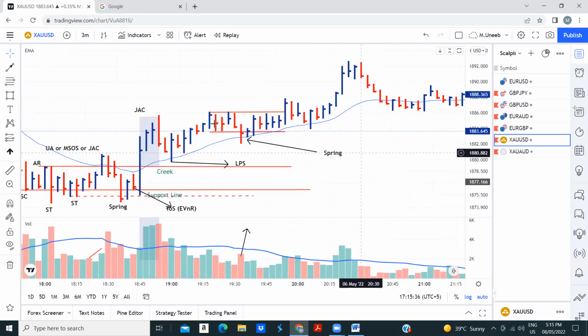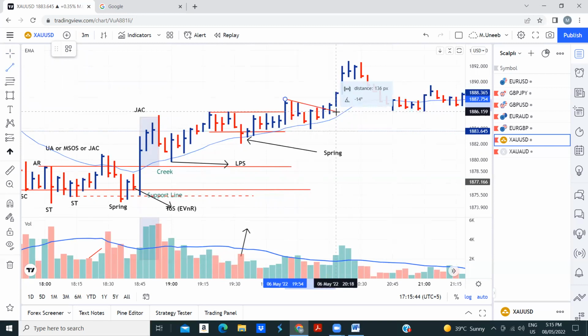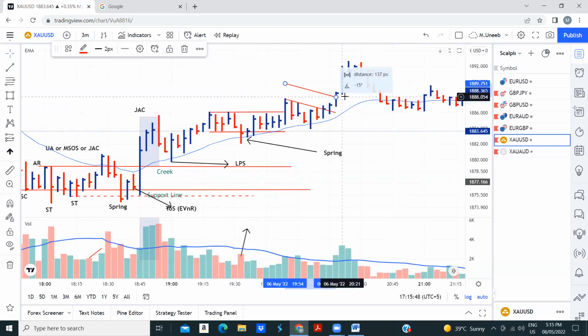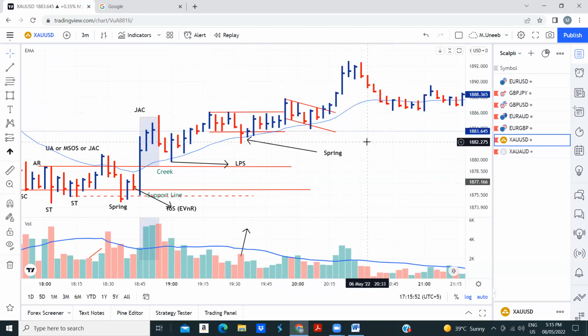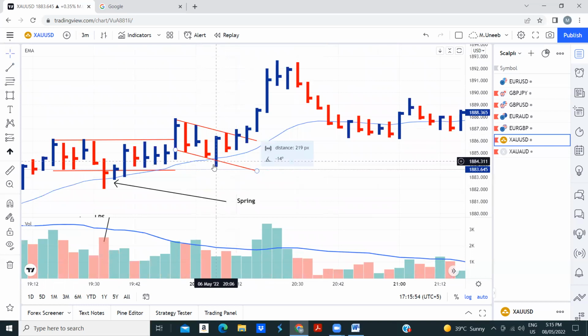Now this is another. As you go up and you see this kind of action here, this is again a reaccumulation. Can you see? If you draw this small channel here and clone it like this, it is a minor oversold, and it is a spring.